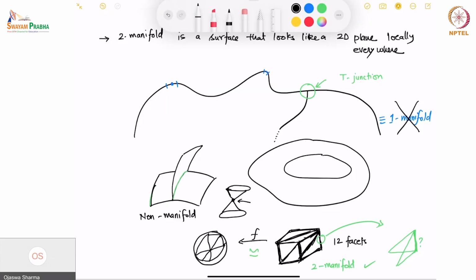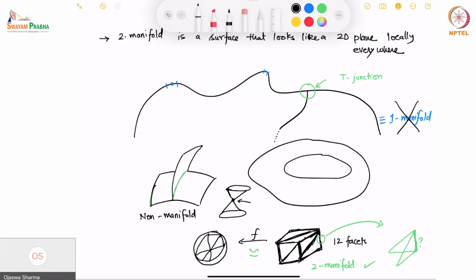You look at the topology. There are no T junctions. So there are two or three cases of non-manifoldedness, and none of them appear here. And you can always map this cube. It's topologically equivalent to this sphere. So that's a manifold.